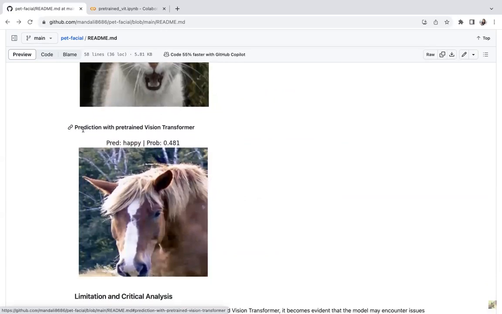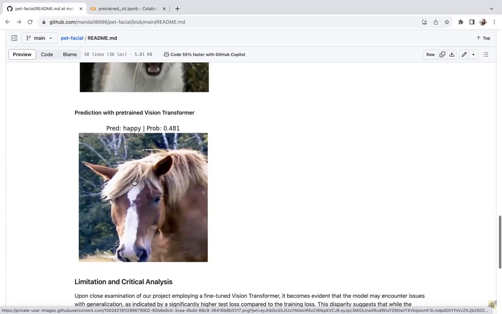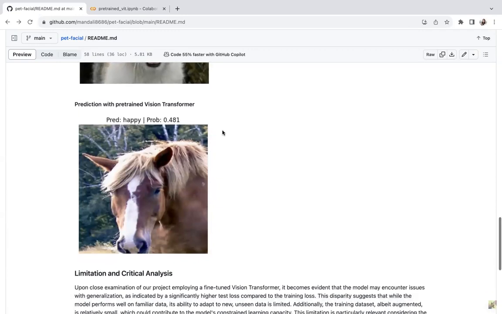In comparison, the pre-trained vision transformer has a relatively higher probability, and the prediction is more accurate. For most of the time, the pre-trained vision transformer can get the prediction right, but the probability is still relatively low compared to a good vision transformer.